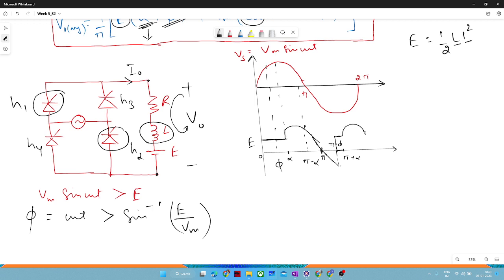But your inductance was very high in the first place, so it will not let your converter go in discontinuous conduction mode. So it will conduct till pi plus alpha, because inductance means you have no lack of energy. You can supply till whatever point your devices can conduct.